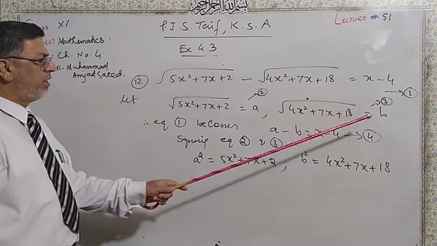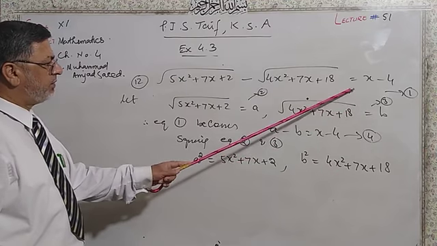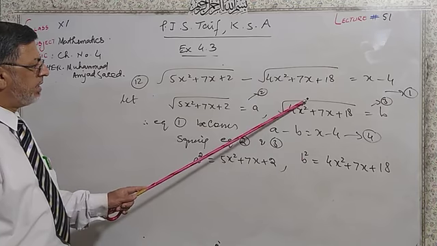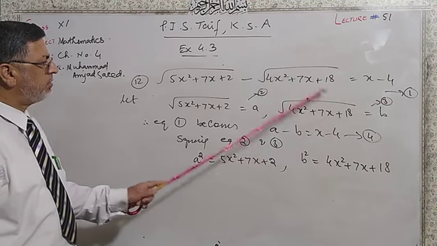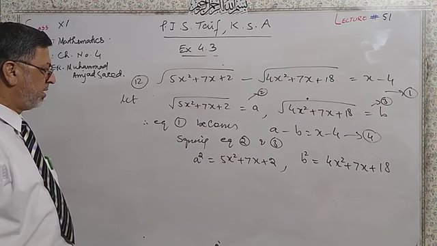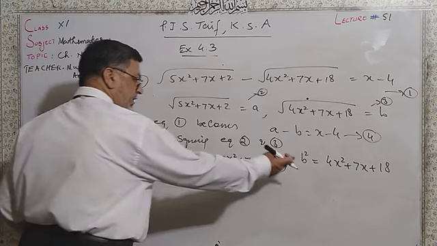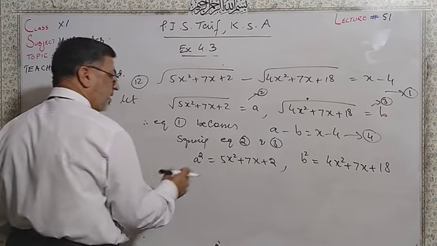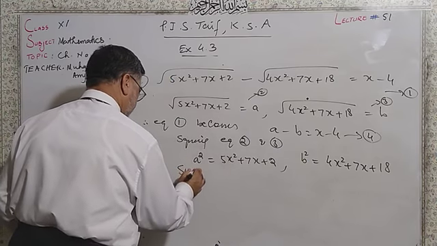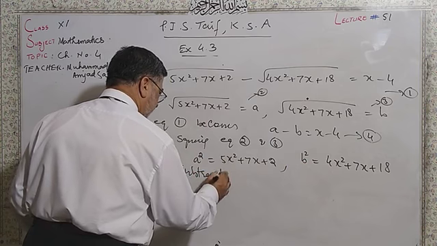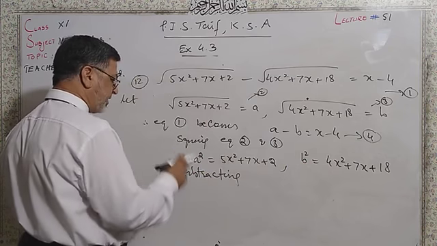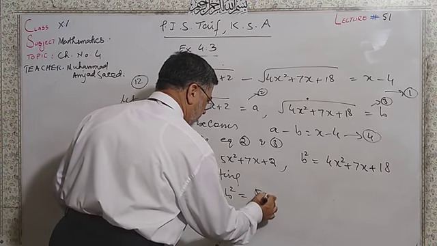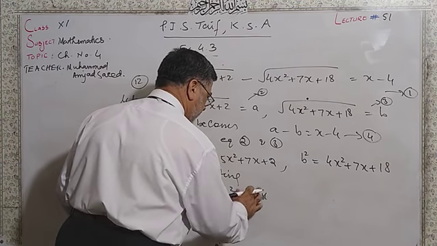Equation number 3, you are going to take the square of both sides. b will become b square, and the square will be cancelled out with the square root and you are left with this. Now subtracting the second equation from the first. You know that in case of subtraction, left minus left is equal to right minus right.